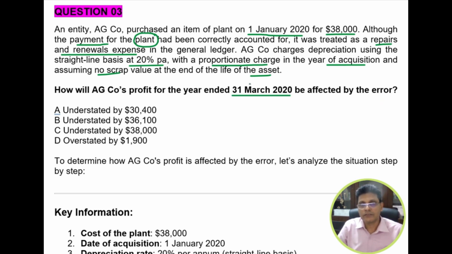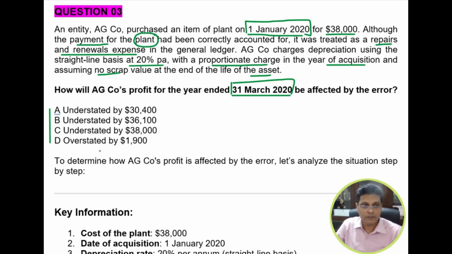This asset was purchased on 1st January 2020 and the financial year end is 31st March 2020, and also the plant has been treated as repairs and renewal expense. So what is the effect on the profitability? As a result of this error, what is the impact on the profitability? You are given 4 answers, of which we need to identify the correct answer.